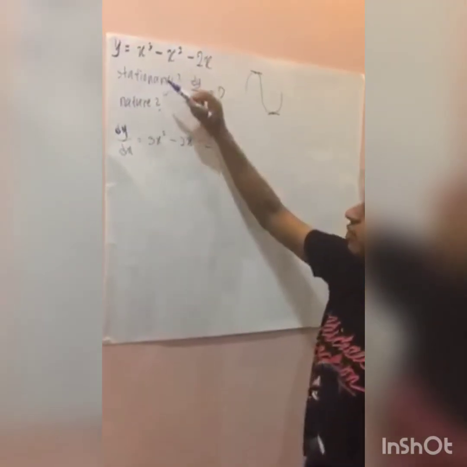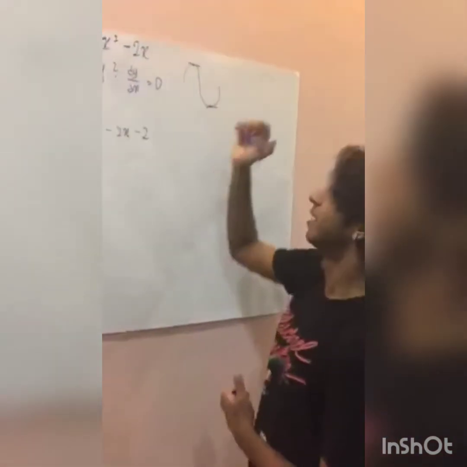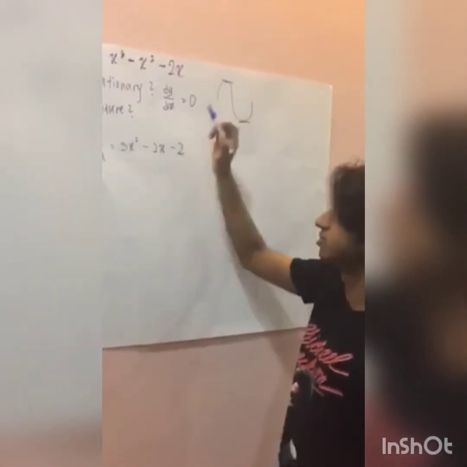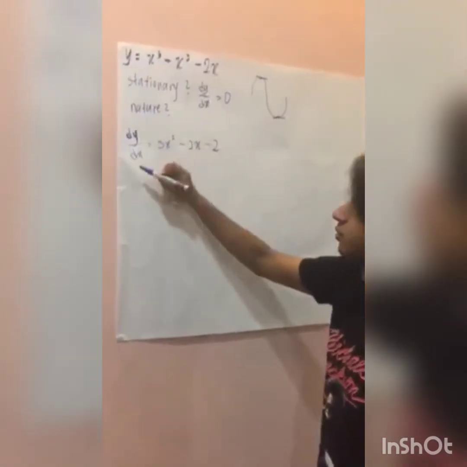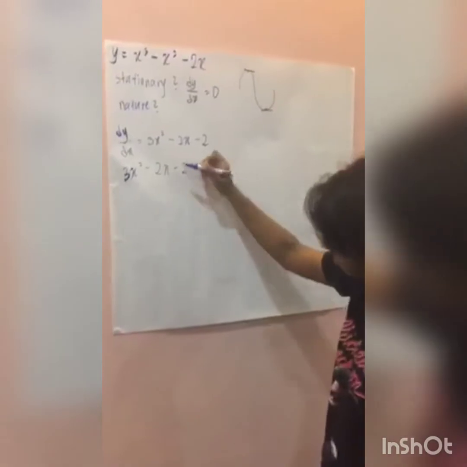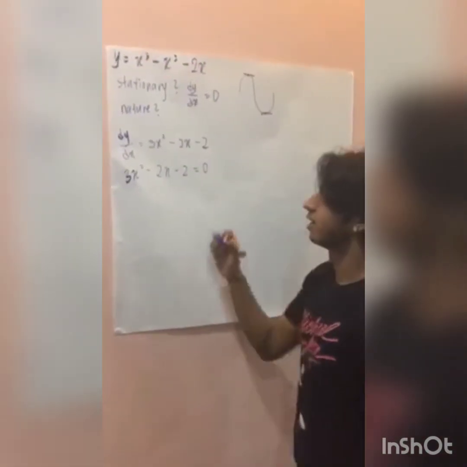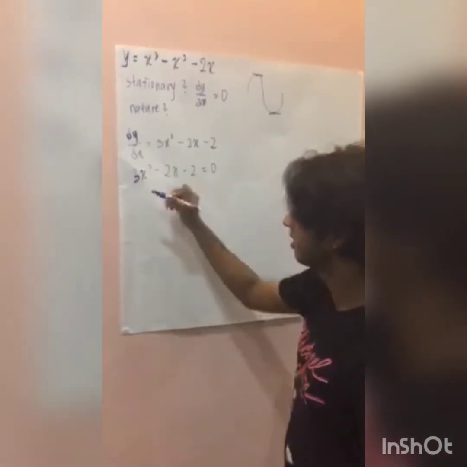Since we want to know the maximum or minimum point, and dy over dx is equal to 0, here you have to let it equal 0. So 3x to the power of 2 minus 2x minus 2 equals 0. Now we're going to factorize it.